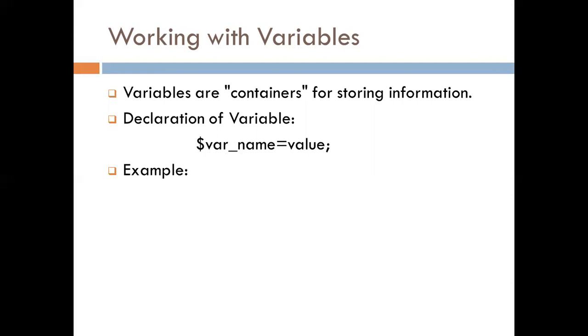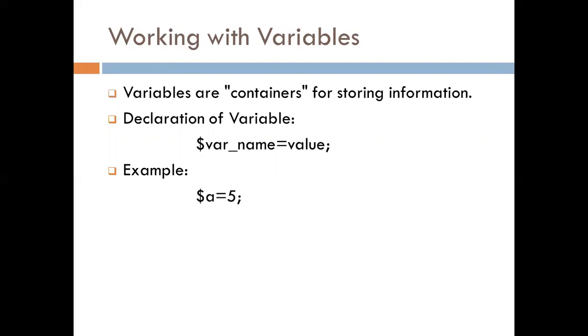In PHP, we do not use any data type because PHP is a loosely typed language. Here we are not specifying any explicit data type for the variable. It automatically considers the variable data type according to the value.